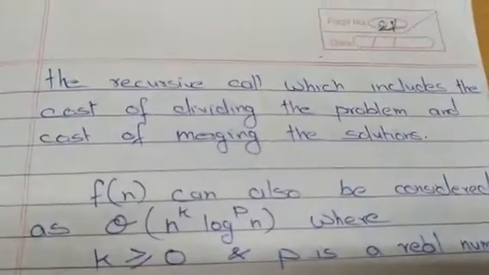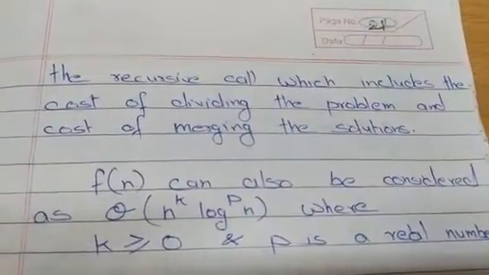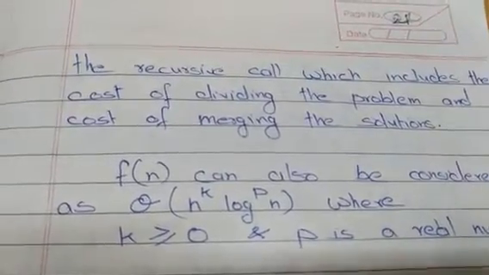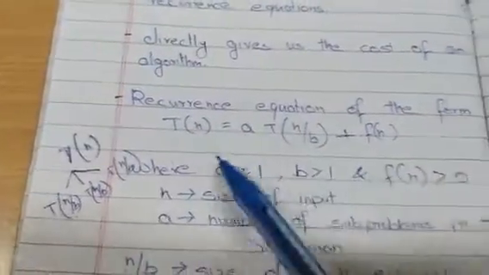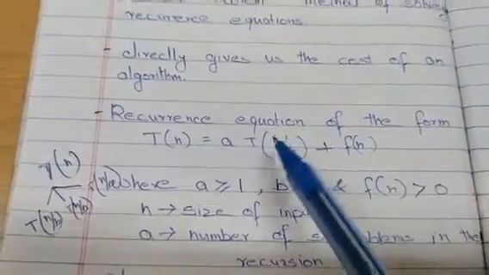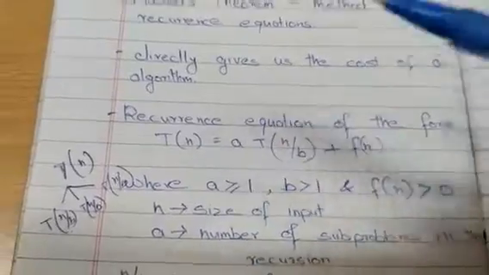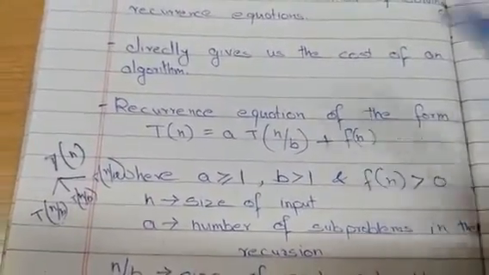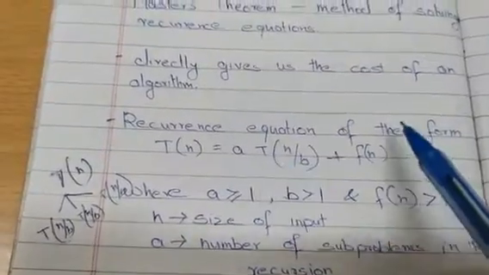It is the cost of work done outside the recurrence call, which includes the cost of dividing the problem and the cost of merging the solution. Now, what does that mean? T(n) is in this form. When T(n) goes to the next level, T(n/b) will be substituted a times.